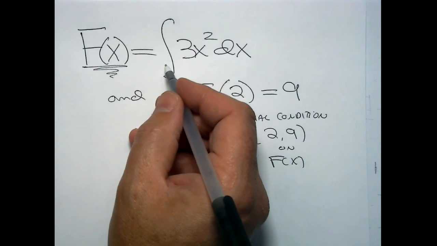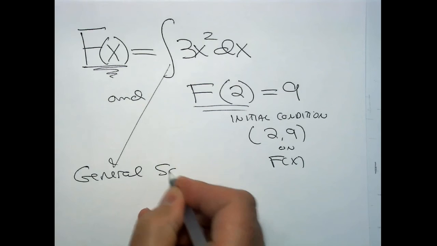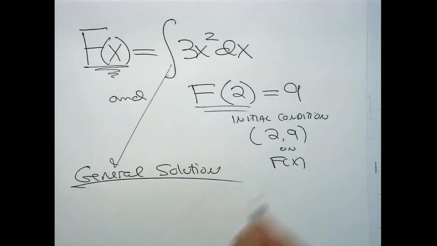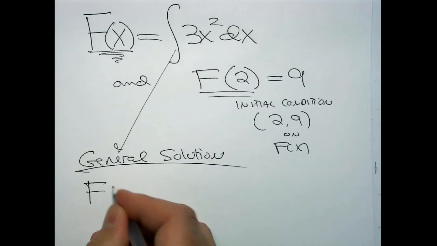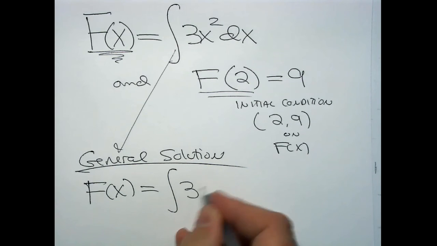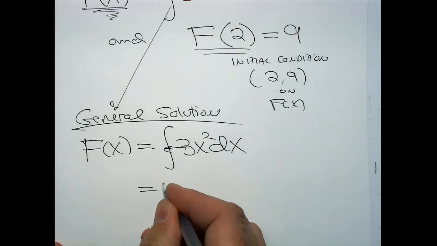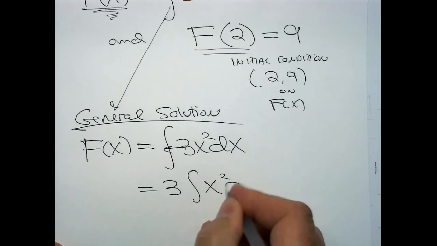So first let's start with finding the general solution. The general solution again looks like this. Capital F of x equals the antiderivative of 3x squared. You know how this works now. Just like derivatives, constant multiples, you drag them out front.